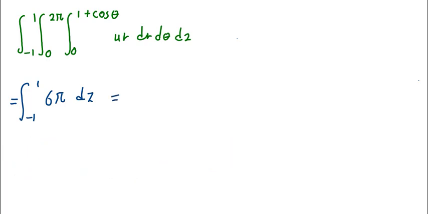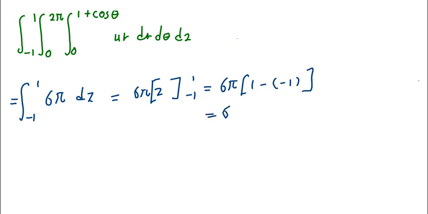If you integrate 6 pi with respect to z, you get 6 pi z, evaluated from -1 to 1. So this would be 6 pi, then open bracket, 1 minus, open bracket, minus 1. So this will be 6 pi multiplied by 2, giving you 12 pi. The answer for this question is simply 12 pi.